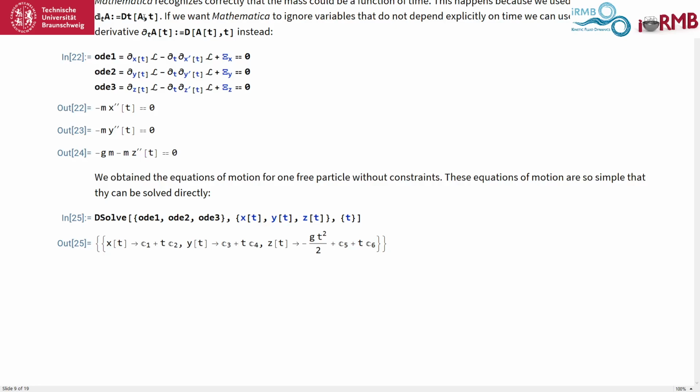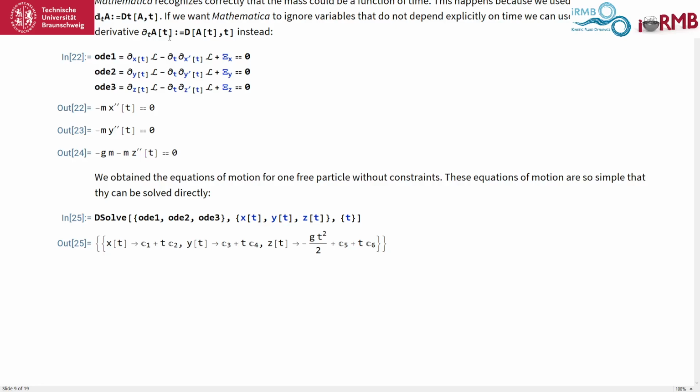Whereas the partial derivative will only evaluate this as being a function of t when you explicitly write that it is a function of t. Otherwise, it will assume that it is not a function of t, and therefore will put this to 0.